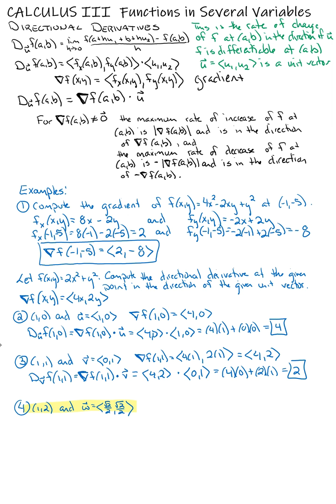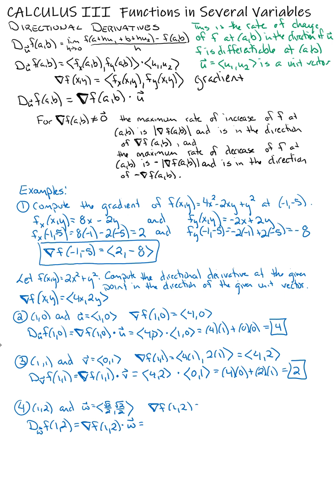Well, there you go. Okay, in example 4, we want to go in the direction of w, which is the vector square root of 2 over 2, square root of 2 over 2, and at the point 1, 2. All right, so the derivative of f at 1, 2 in the direction of w is the gradient evaluated at 1, 2, dotted with w. So our gradient evaluated at 1, 2, again, here's our gradient.